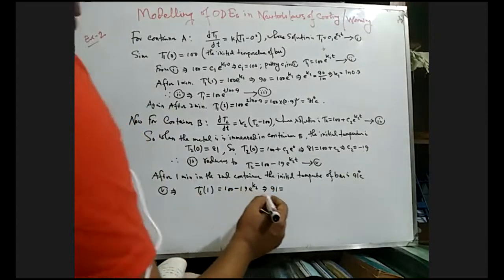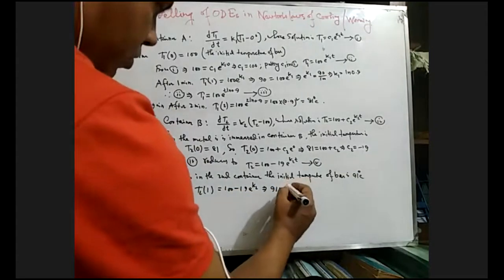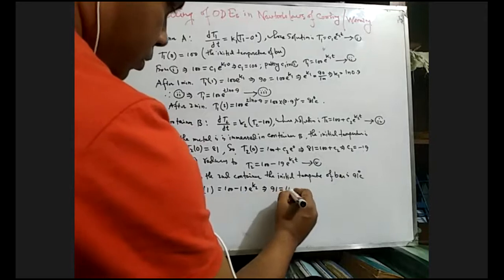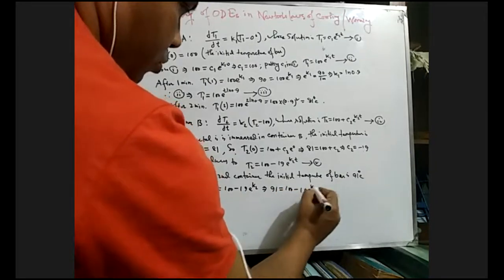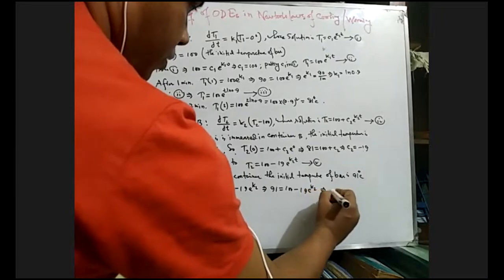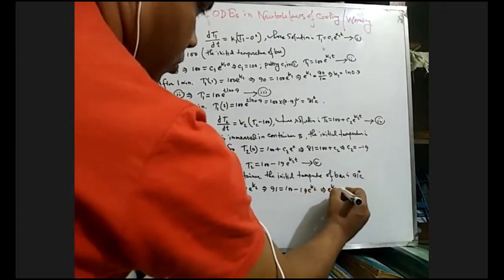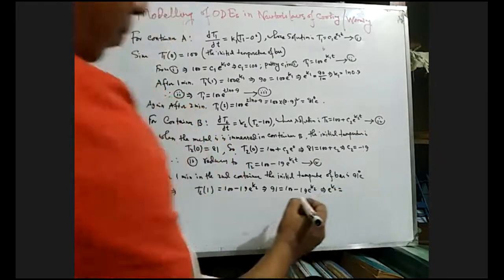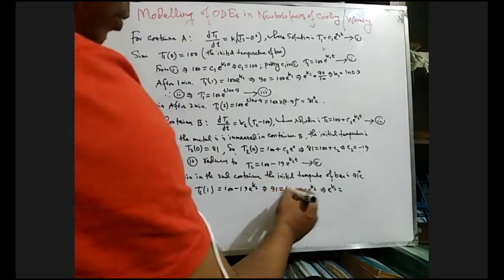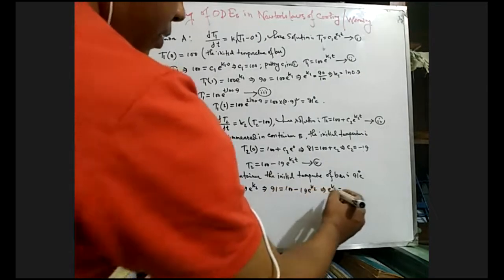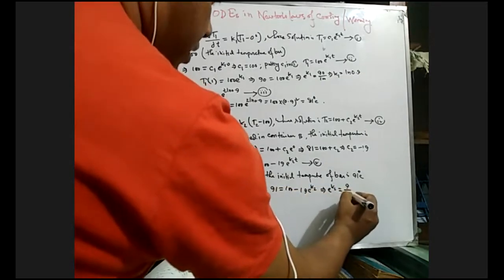So for this we can find k2. e to the power k2 equals 100 minus 91, which is 9, so 9 by 19.